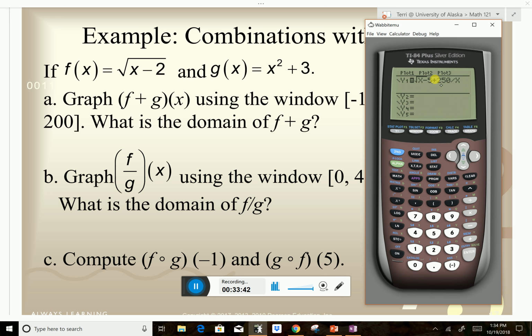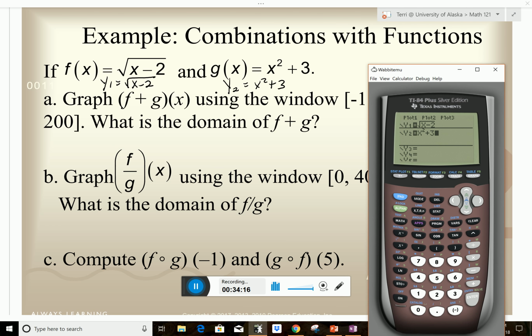Whoops, doesn't want to. x minus 2, and in y2, I'm going to put x squared plus 3. Okay, so y1 is the square root of x minus 2. y2 is going to be x squared plus 3.